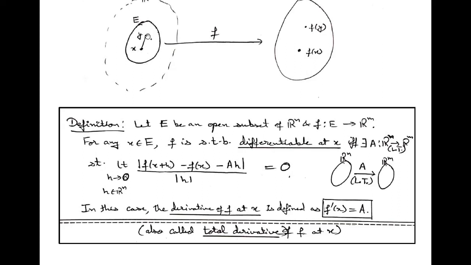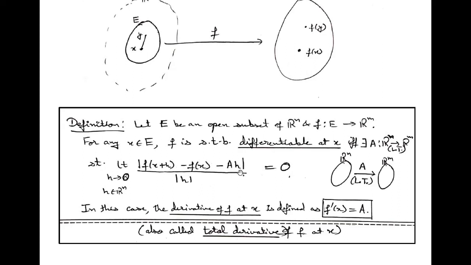When we move from x to x + h, where y is x + h, the vector is h, so the distance is norm of h. So we have the distance in the domain points, and the distance of the codomain points, that is f(x + h) and f(x), the difference between them.